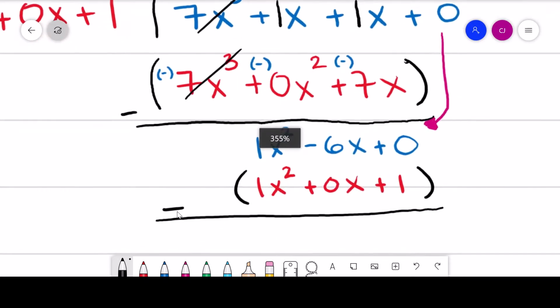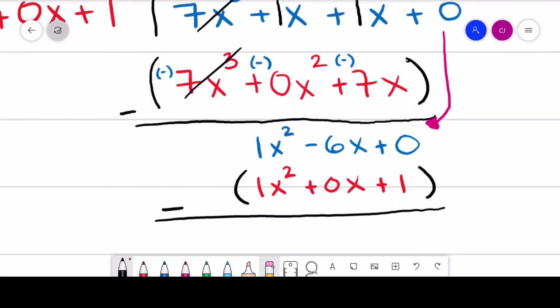Actually, let me give myself another bit of space here so I can write this. If I take this negative and multiply it with the positive 1x squared, that's going to give me negative 1x squared. If I take this negative and multiply it with positive 0x, that's also going to give me negative. If I take this negative and multiply it with positive 1, it is also going to give me a negative.